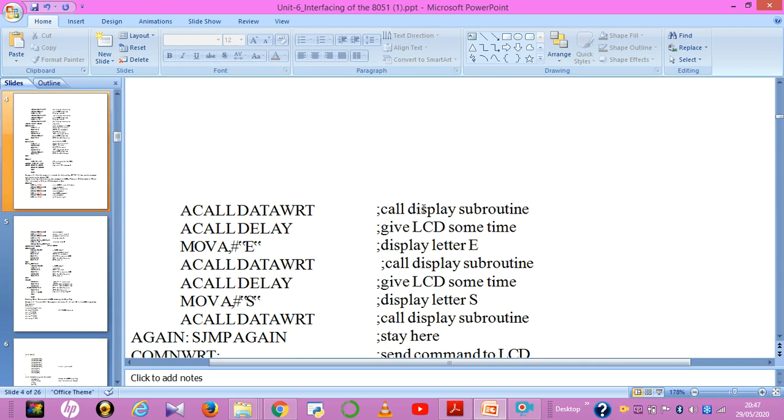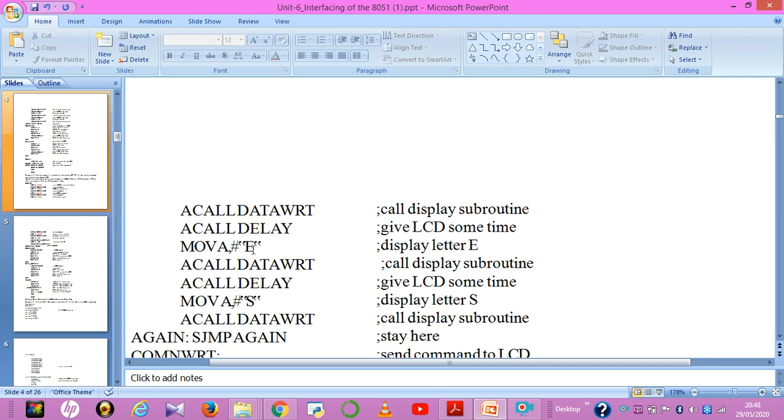Next you have to call the subroutine which relates to the data, because Y is the data. Next again you have to give the LCD some time to perform operations. Next the letter E. Here the word you are displaying on the LCD is YES, so you have to send every character one by one.